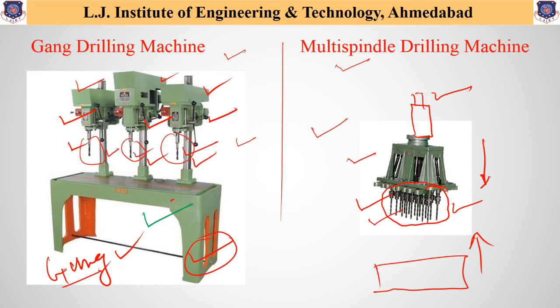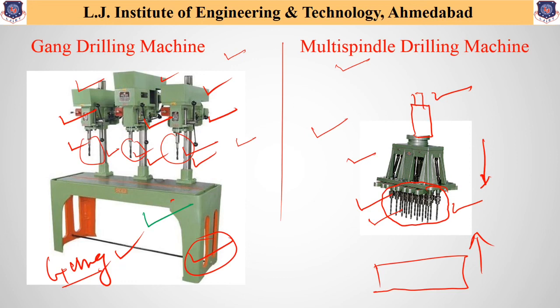So in this lecture we have discussed the most important machines, which are also important from an exam point of view. The first is the radial drilling machine, in which three different movements can be used for generating holes at different locations on the workpiece.